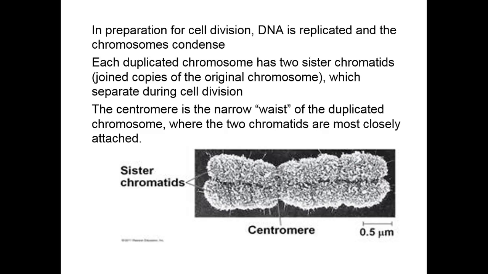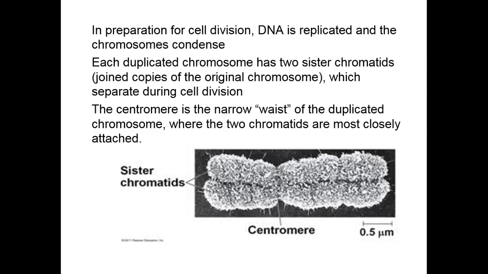You can think of it as if you made copies of something and stapled them together. So the centromere is where these two copies, sister chromatids, are attached to one another. And you have a nice image here. This is actually a microscopic image of actual sister chromatids with the centromere.